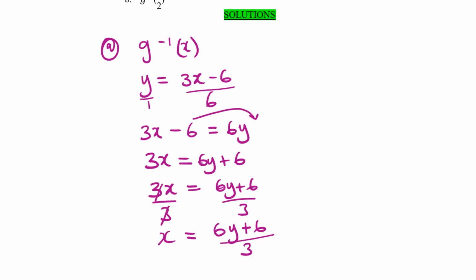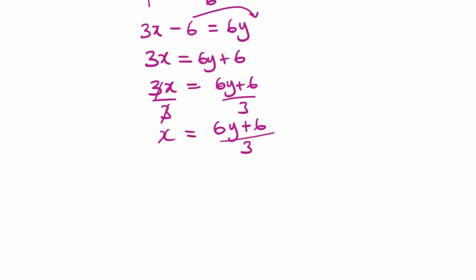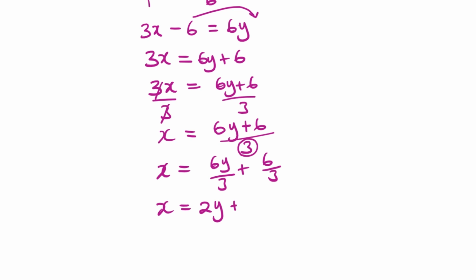One thing you should take note of is this function can be reduced. We can say x is equal to 6y over 3 plus 6 over 3. This denominator here is for both 6y and 6. So from there we can now divide. We can say x is equal to 6 divided by 3, it will be 2, multiplied by y, it's 2y, plus 6 divided by 3, it's just 2.